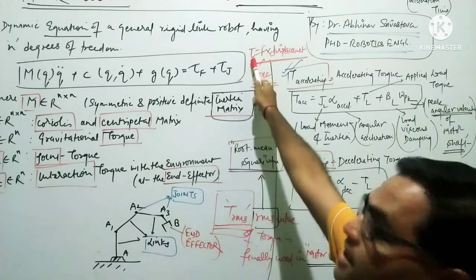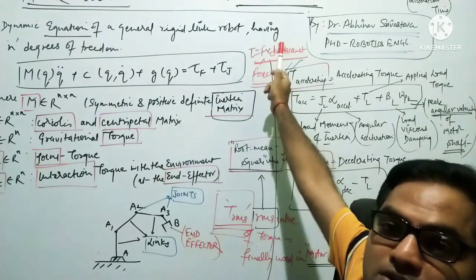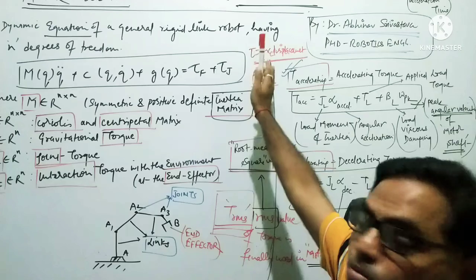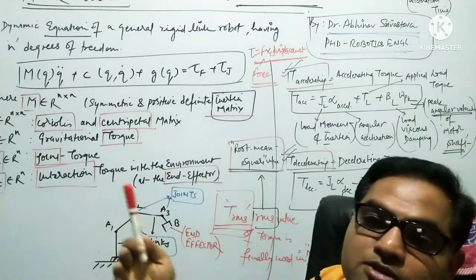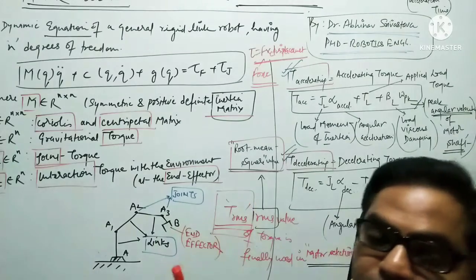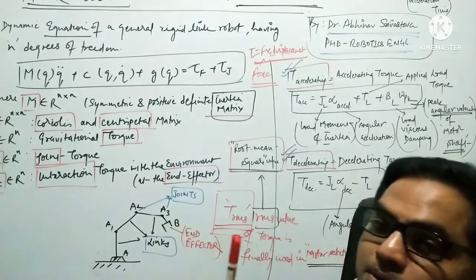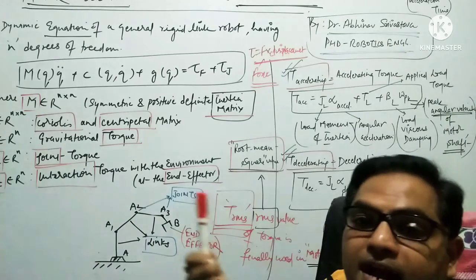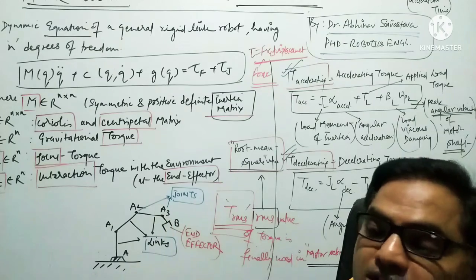That's why the first thing contained in the torque is the force, a very important thing for the working of a robot. Then displacement: how much the displacement should be for the end effector, and how the joints should be displaced so that the end effector can reach the payload very effectively and grasp the objects.